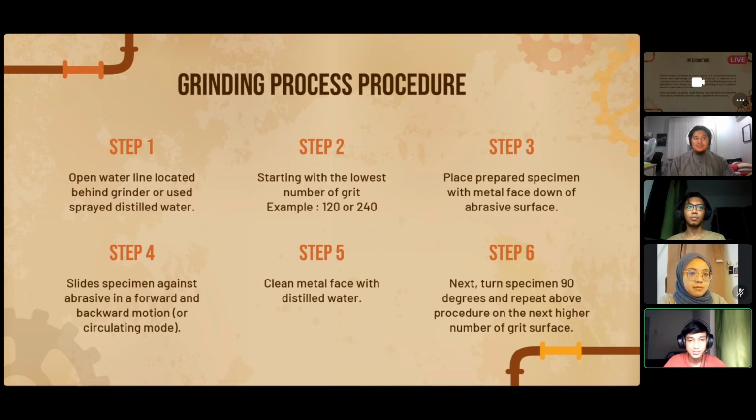Step 4, slide the specimen against the abrasive in a forward and backward motion or circulating mode. Step 5, clean the metal face with distilled water. Step 6, next, turn the specimen 90 degrees and repeat the above procedure on the next higher number of grit surface.